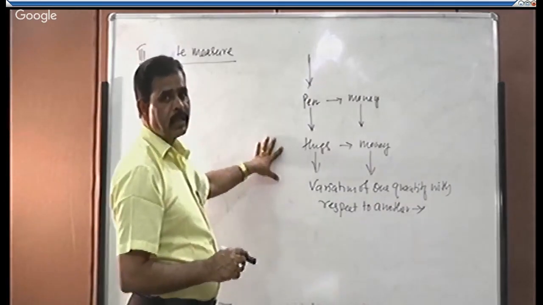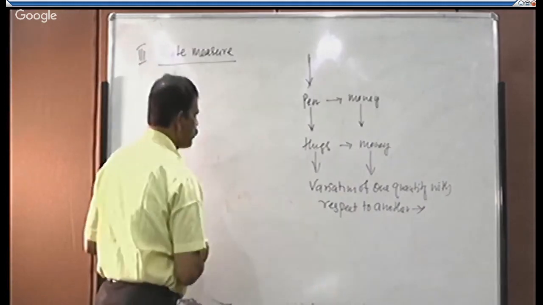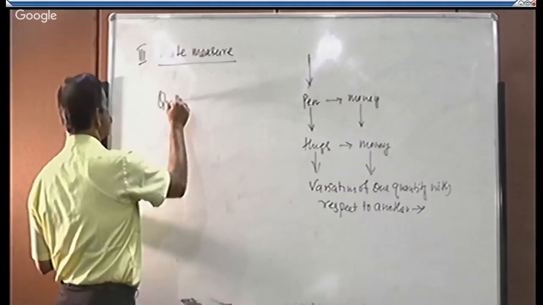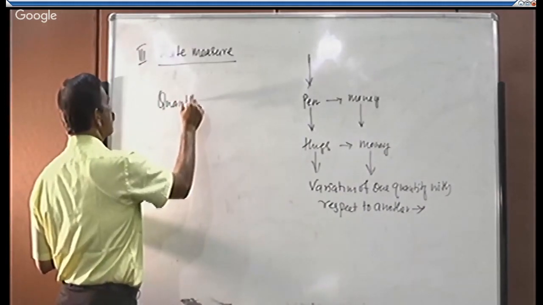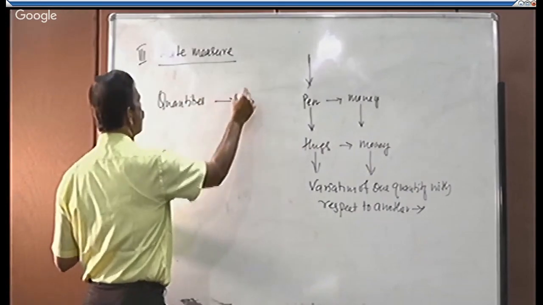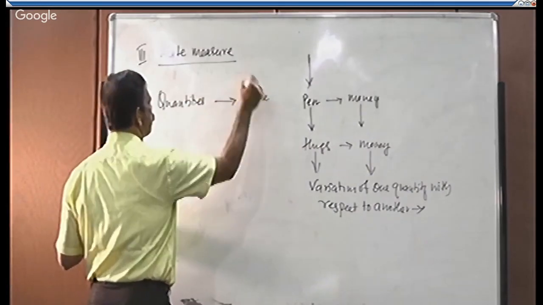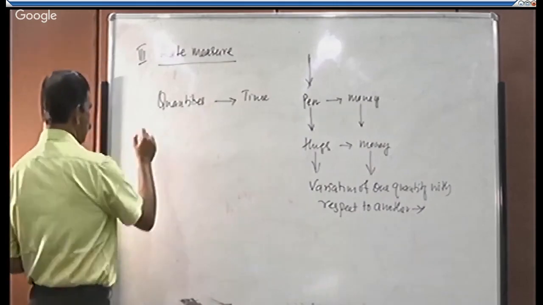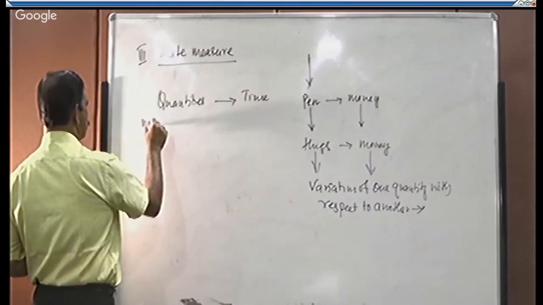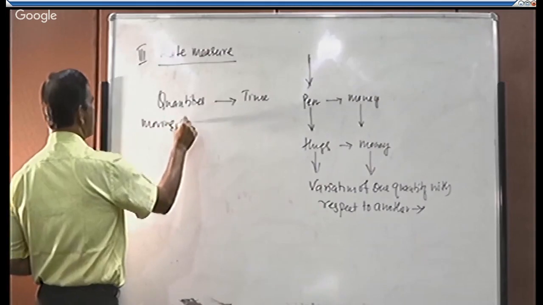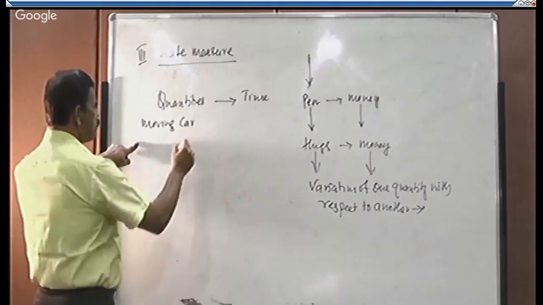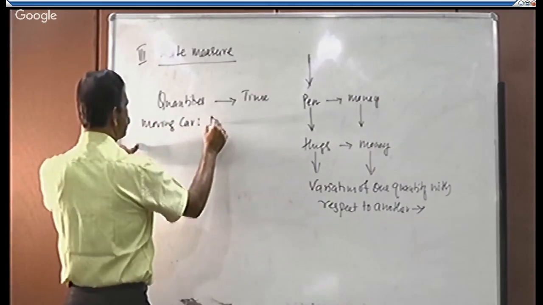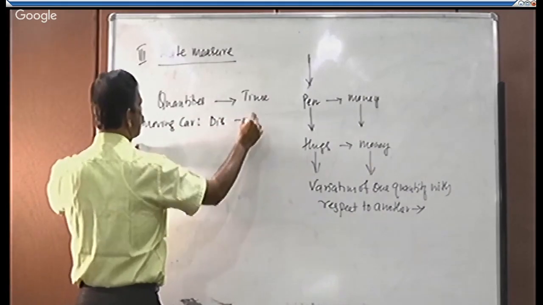But in nature, many quantities are varying with respect to time. For example, if I take a moving car, the distance of the car varies with respect to time.